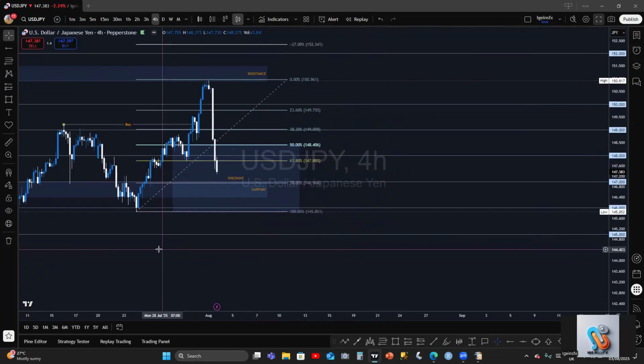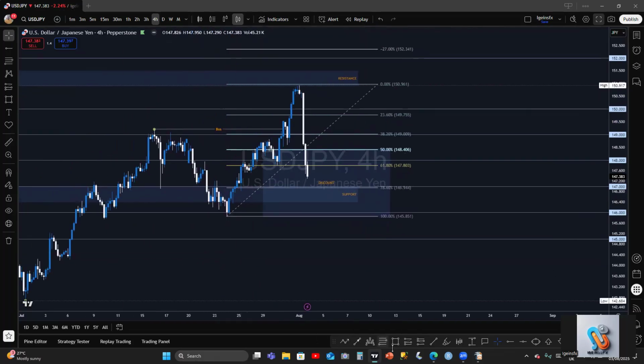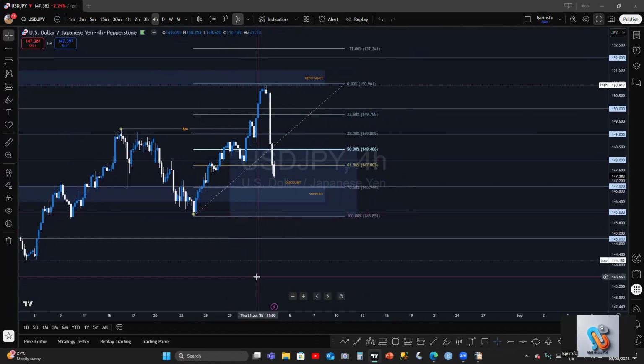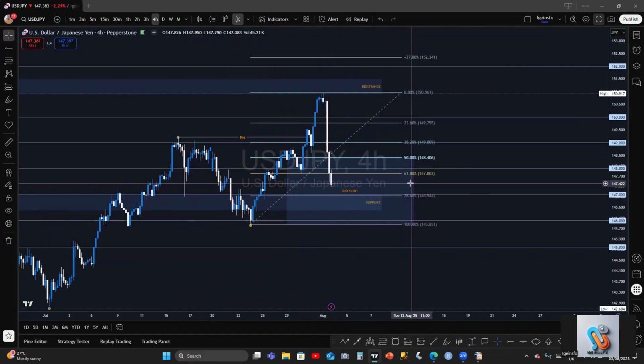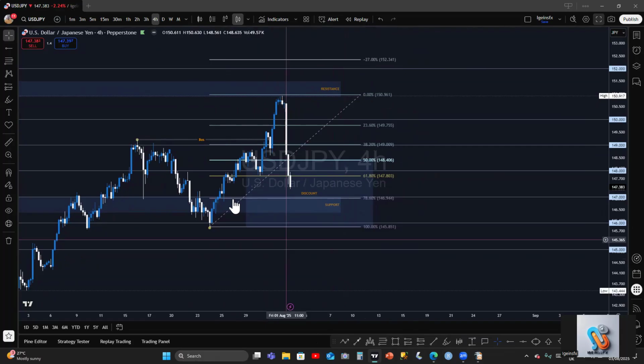You can now see that price has successfully pushed into it. Price tapped into it before market closed on Friday. At this point, we should be waiting for price action to give us the heads up on where it wants to go from here.